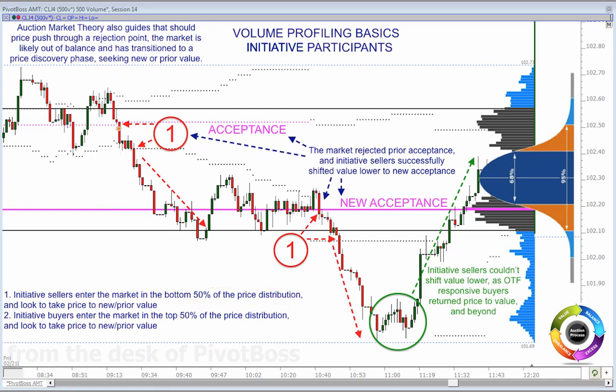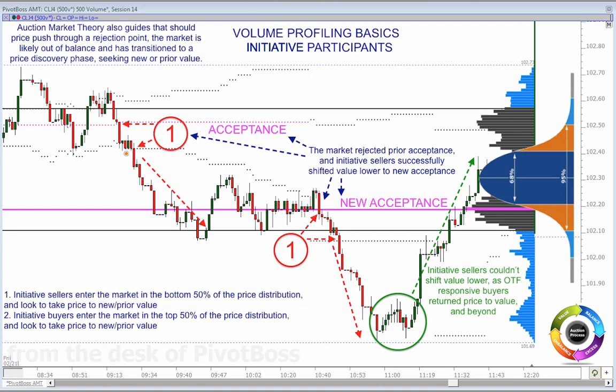So basically, an initiative seller would sell anywhere from VPOC down below value because they are looking for price to aggressively seek new value or a prior value area. Because what's happening here?